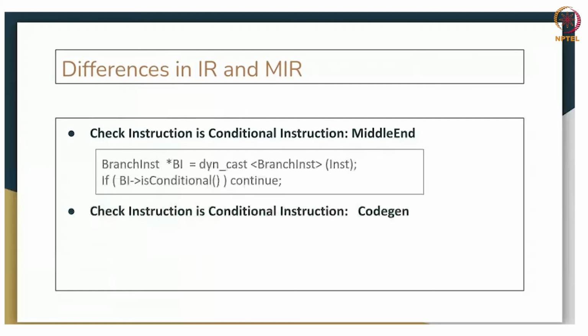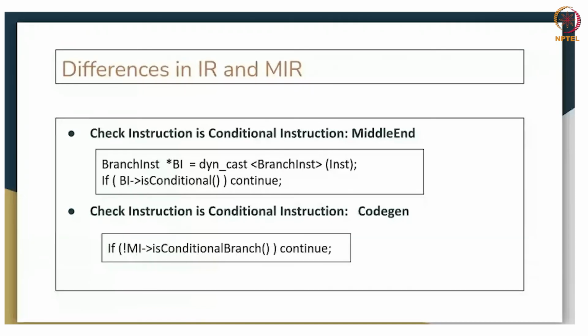In one place a branch instruction is cast using a dynamic cast, which cannot be done in a code gen pass. So what works in the IR may not work in the MIR.